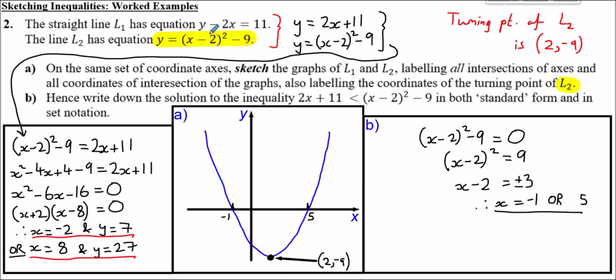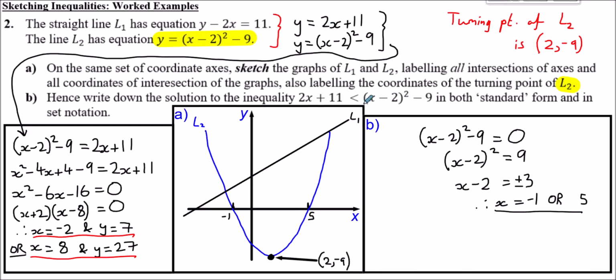I now need to also do y equals 2x + 11. So that's obviously going to have a y-axis intercept up at 11, and it's going to intercept the x-axis when 2x + 11 is equal to 0. So 2x needs to be minus 11, so x must be minus 11 divided by 2, which is minus 5.5.